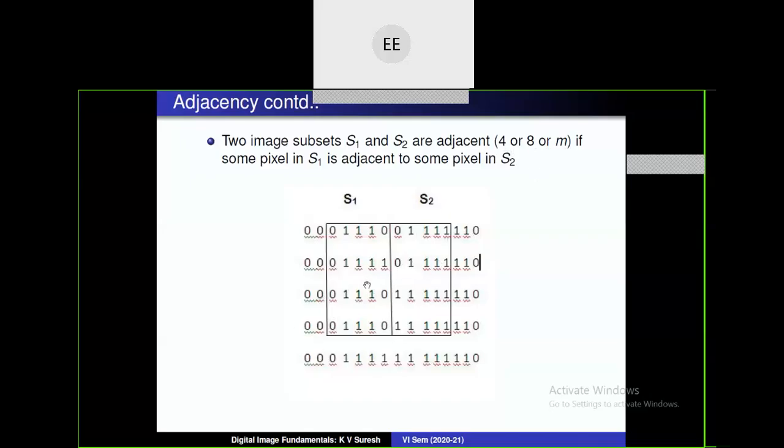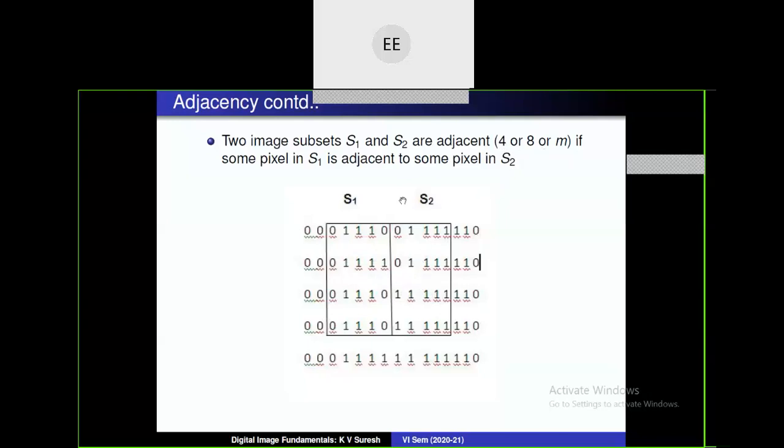The answer is very simple. If you find at least one pixel which is 4 adjacent to one pixel from this subset, then we say these two are 4 adjacent. So I need only one pixel which connects S2 to S1 with the definition of 4 or 8 or m.